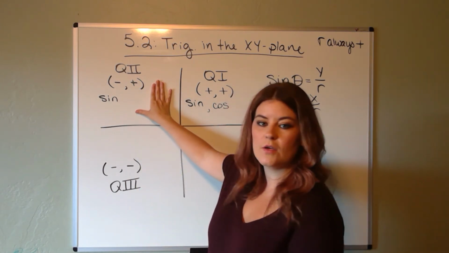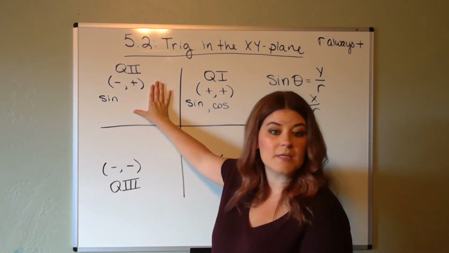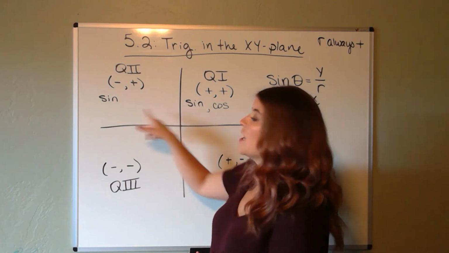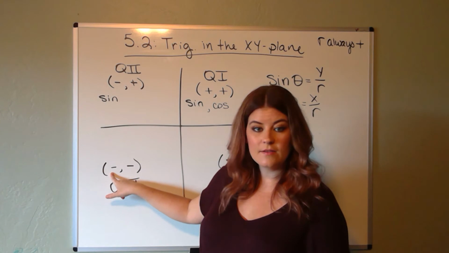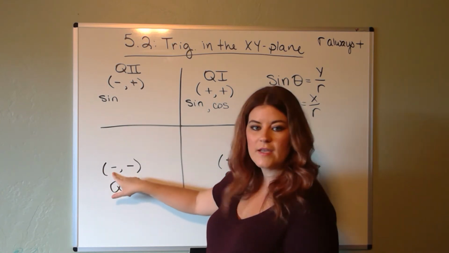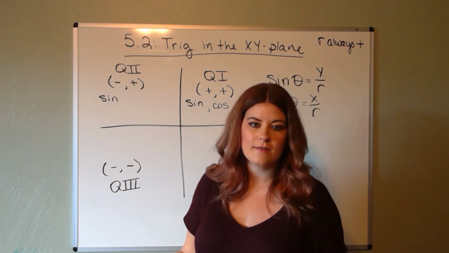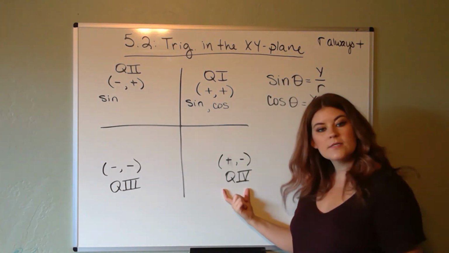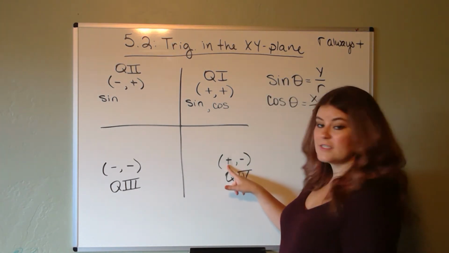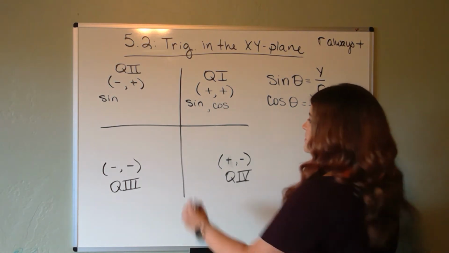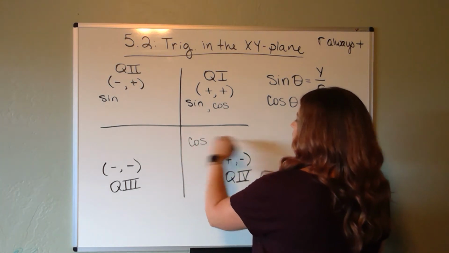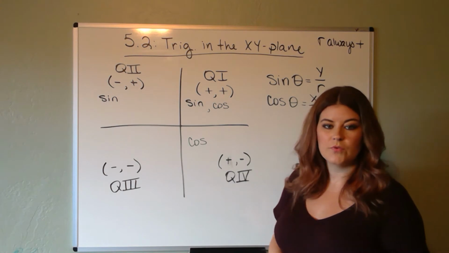So I can't write cosine in quadrant 2 as being positive. Remember, my list is the positives in each quadrant. Quadrant 3, x is negative still. So negative x over positive r, cosine's still negative there. But you guys, quadrant 4, look at that. X is positive again. So if x is positive and r is always positive, it means cosine is positive in quadrant 4.